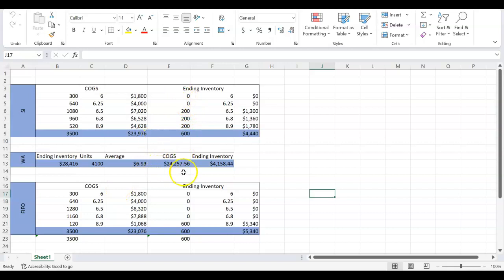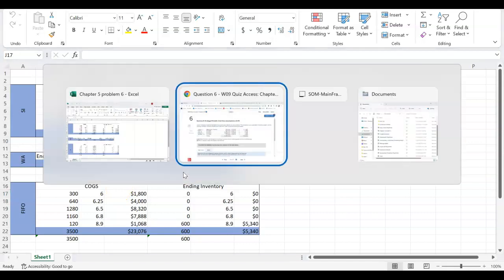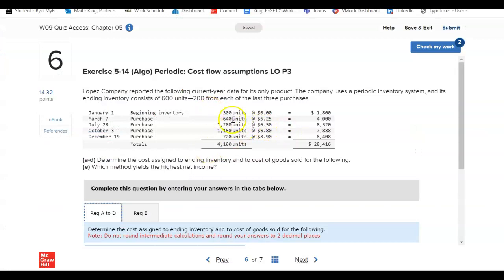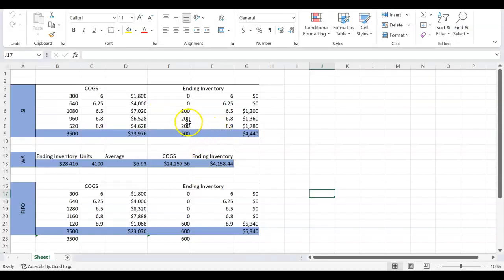And so I started off by going ahead and putting our cost of goods sold, our ending inventory of 600 and 200 from each of our last 3. So we've got the last 3 purchases here of each 200, meaning that our first 2 were both 0.